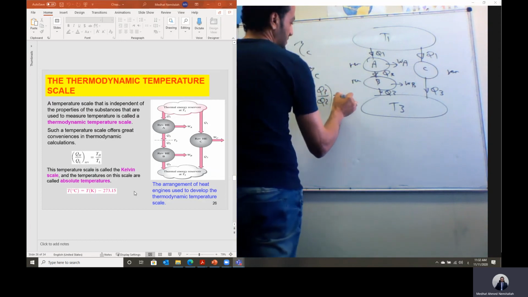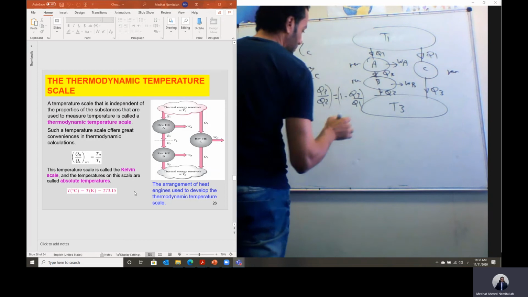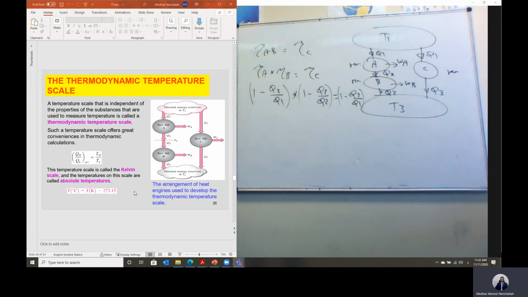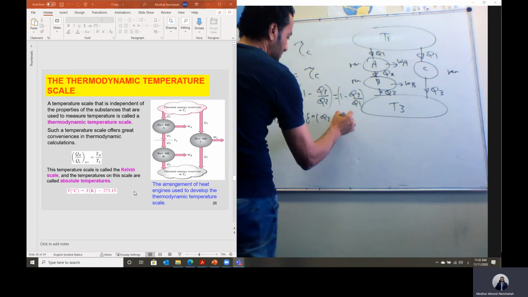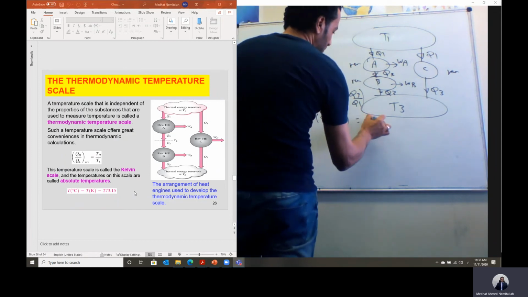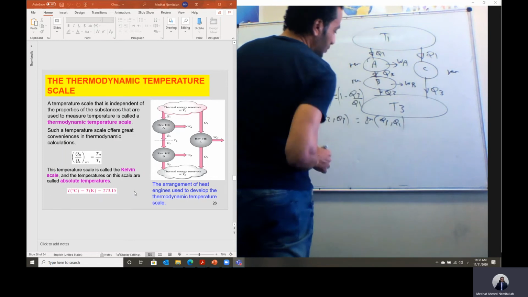That should equal the efficiency of C, 1 minus Q low, which is Q3, divided by Q high, which is Q1. That means we have a function of Q2 and Q1 multiplied by a function of Q2 and Q3 equal to a function of Q3 and Q1.